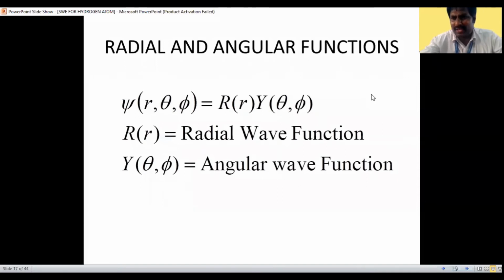Similar to psi of x, y, z, which we can write as psi of x, psi of y, psi of z, we have written it in a similar format. Here theta value will be from 0 to pi, that is 180 degrees, and phi value will be 0 to 2 pi. And r is the internuclear distance, that is the distance from the nucleus to the electron.